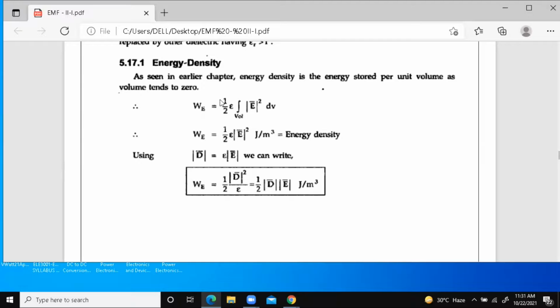Energy stored is half that. And we just put in, just do the integral, and make the substitution for D.